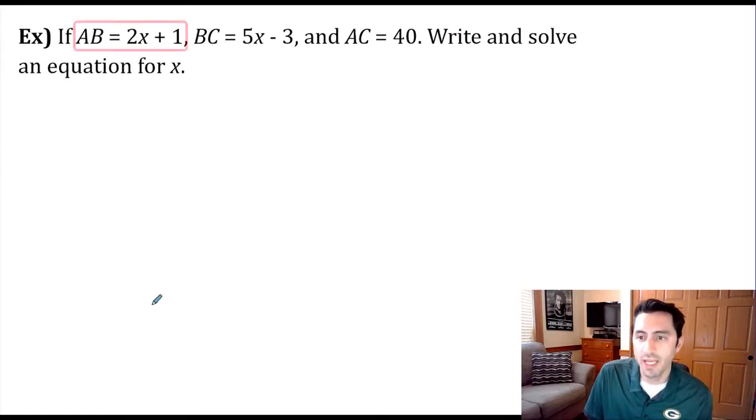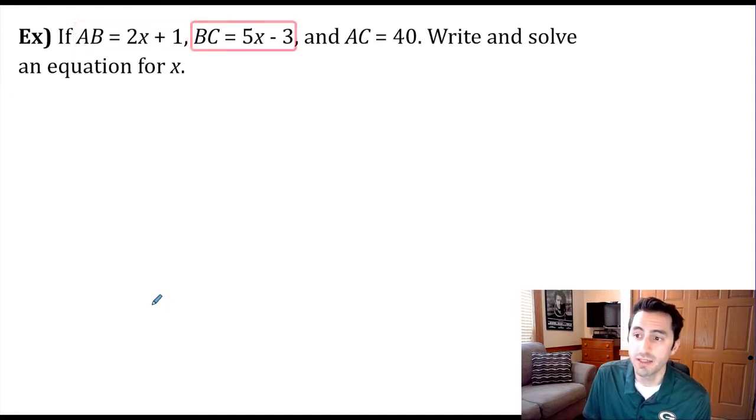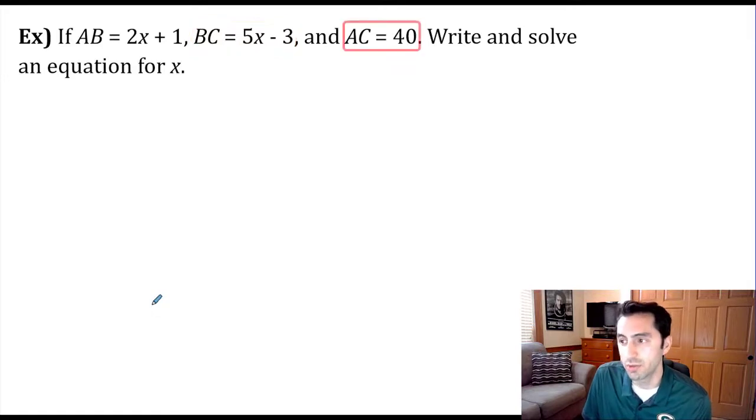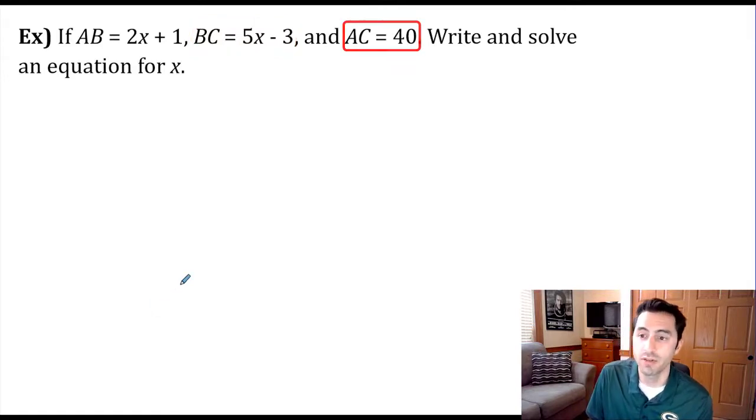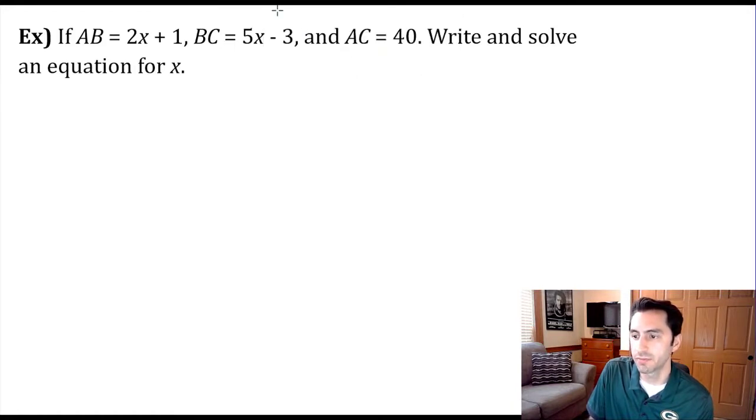So it says if AB is equal to 2x plus 1, BC is equal to 5x minus 3, and AC is equal to 40, I want to write and solve an equation for x. So I think the first thing we should do is represent this situation with a diagram. So I'm going to draw a line.